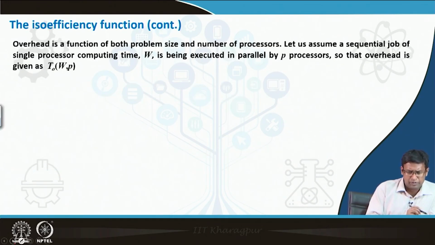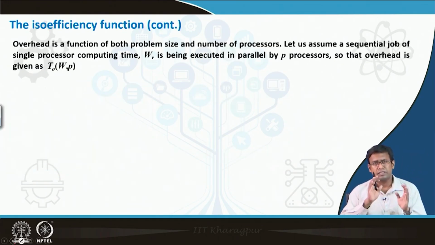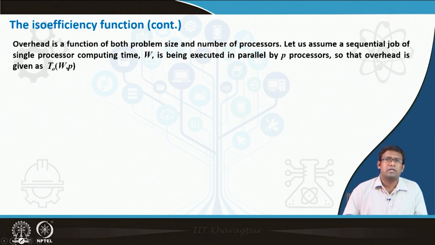Efficiency depends on overhead, and if we can quantify the change of overhead, we can understand how efficiency is changing. Overhead is a function of both problem size and number of processors.